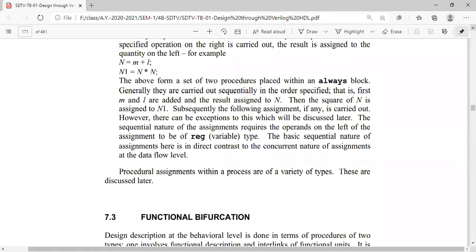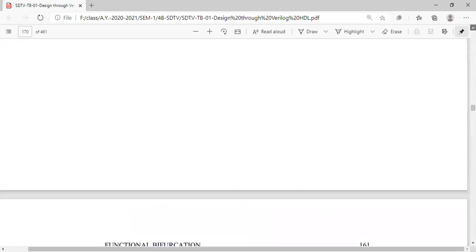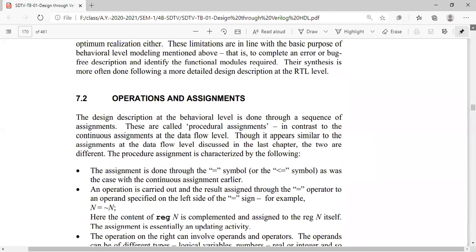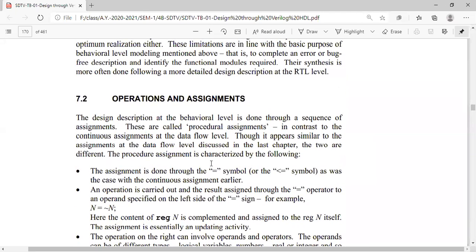In this class, one thing we have identified which is different from the data flow: we can use either the equal to symbol or the less than or equal to symbol in this. In the data flow, we have not used this type of statements. This is possible here.